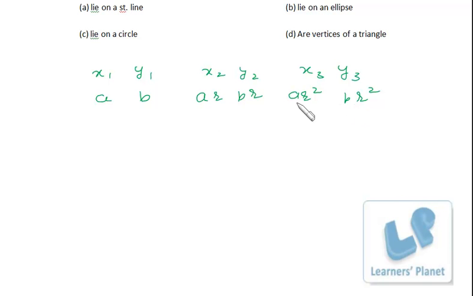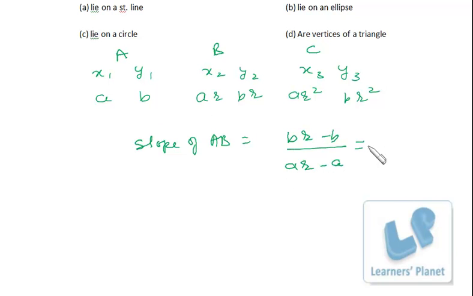Suppose these are points A, B and C. The slope of AB is equal to BR minus B upon AR minus A. So it is B by A, right? R minus 1 will be cancelled.